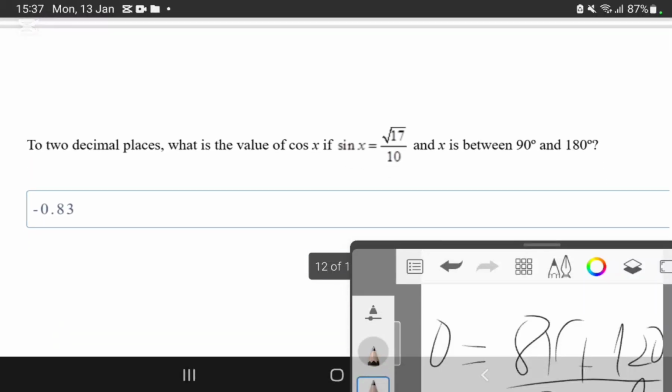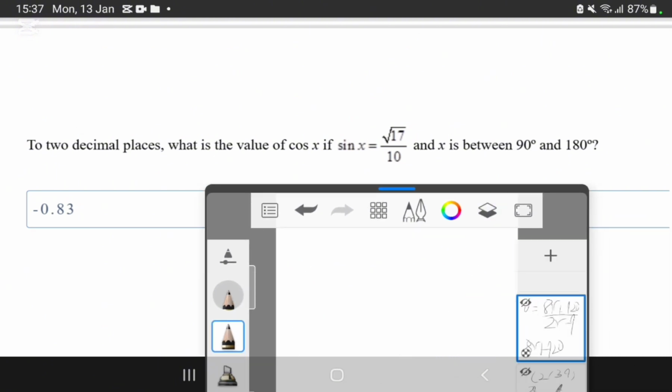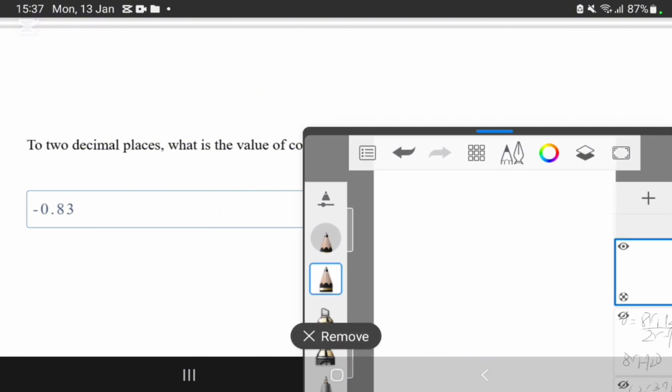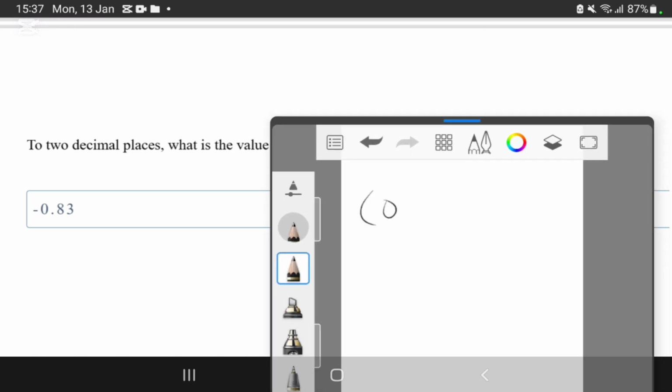21. To two decimal places, what is the value of cosine if sine is equal to the radical 17 over 10? Okay, now as we said before, cosine squared plus sine squared is equal to 1.